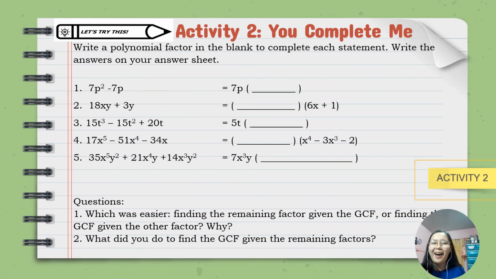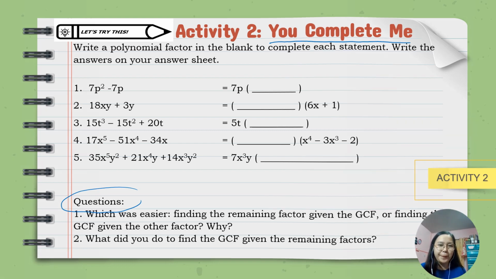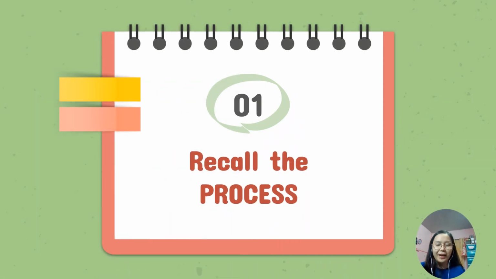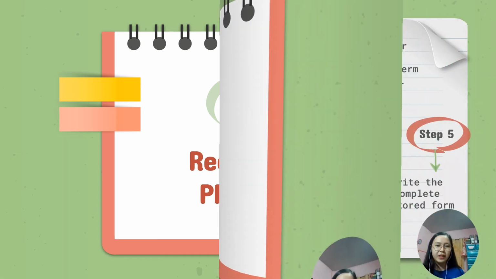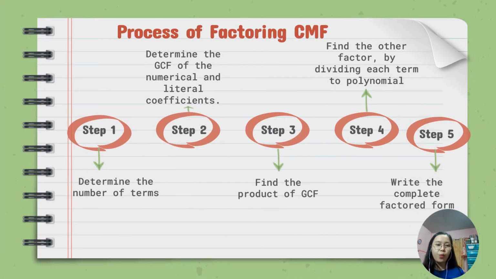Activity 2. Wow. Wonderful title. You complete me. You need to complete this 1 to 5. Then answer the question. Okay? Next. Okay. So, recall natin yung process. I think we have 5 steps. What are those 5 steps? Step 1.